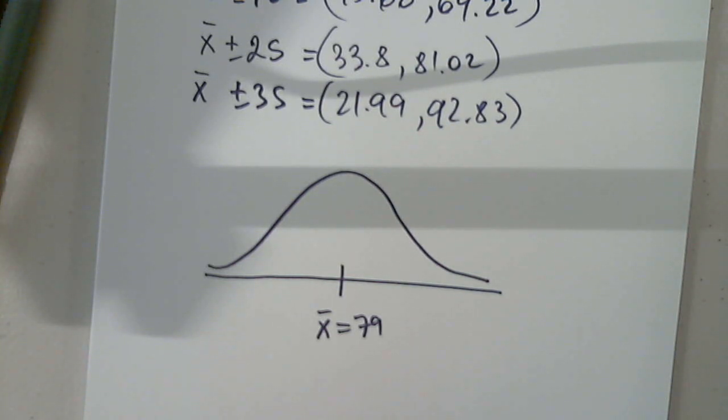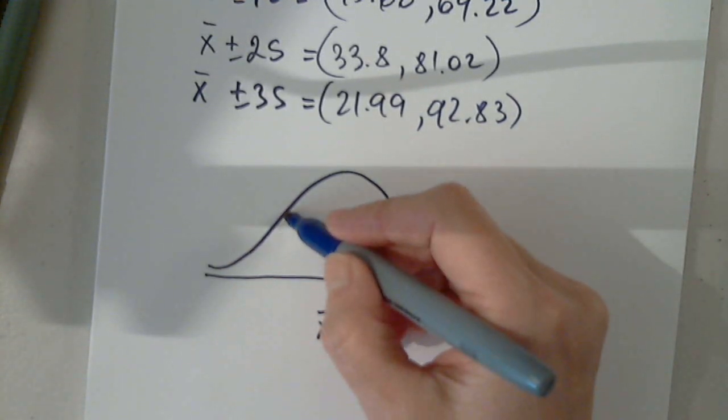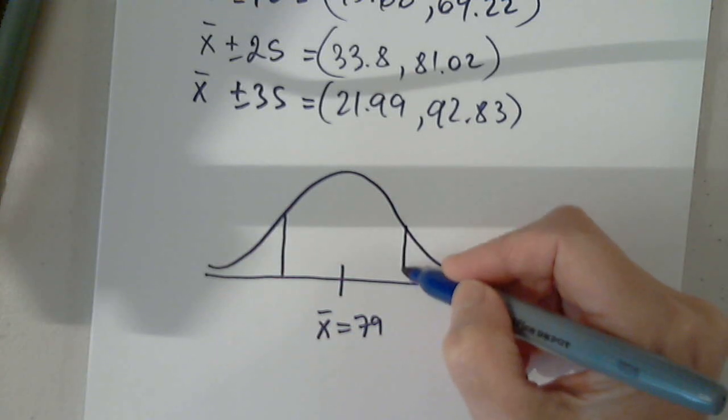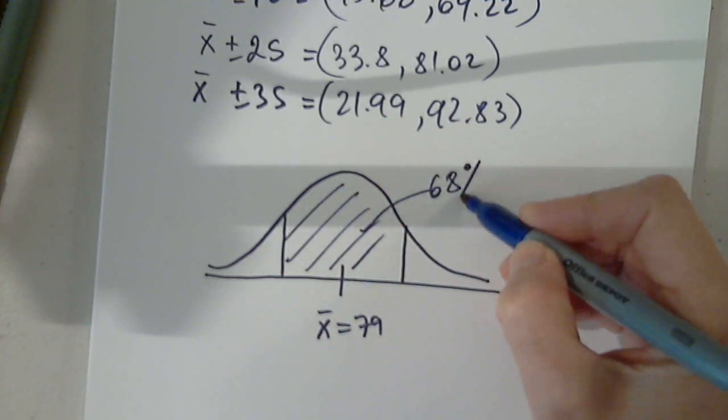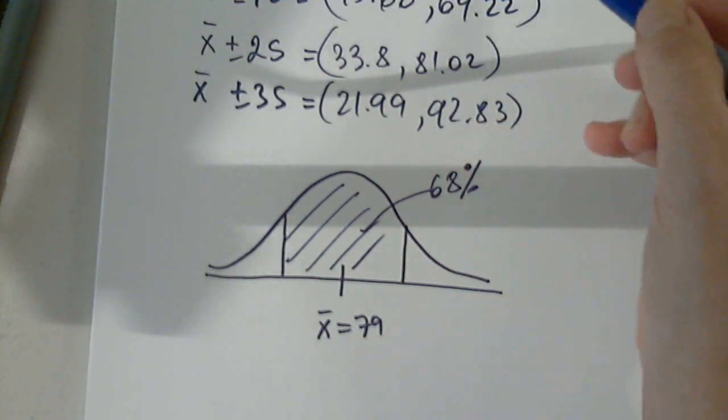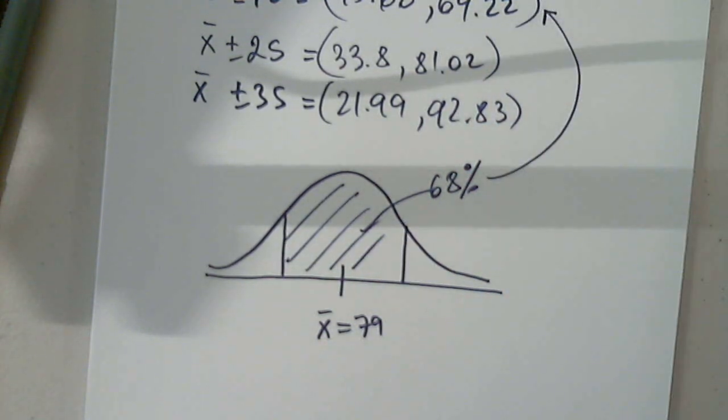I believe so. Okay. So now we want to identify this 68% and see if it is indeed between 45.6 and 69.22. It may not be 100%, but it should be there.